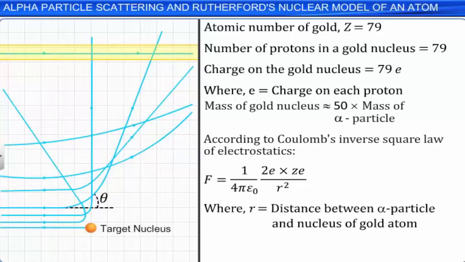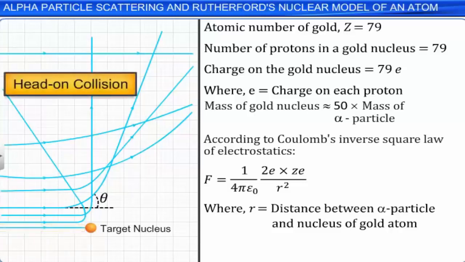That is, the scattering angle is approximately 0 degrees. For relatively small values of b, that is, when the alpha particles are directed very close to the nucleus, there are huge deviations. If the alpha particles are directed in the same line as the gold nucleus, then they undergo a head-on collision, in which case the impact parameter is the least and hence the scattering angle is approximately 180 degrees.